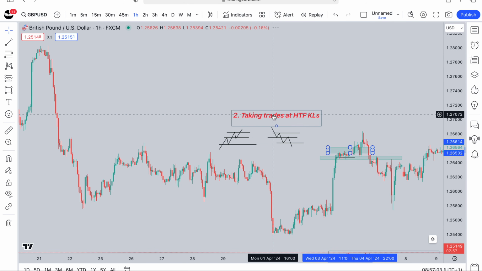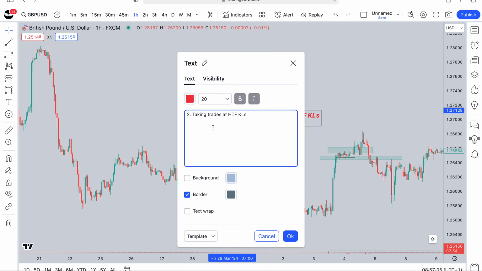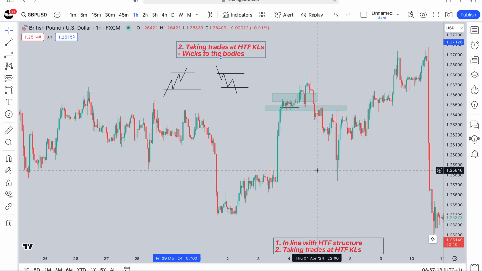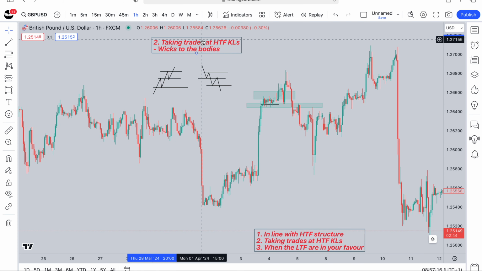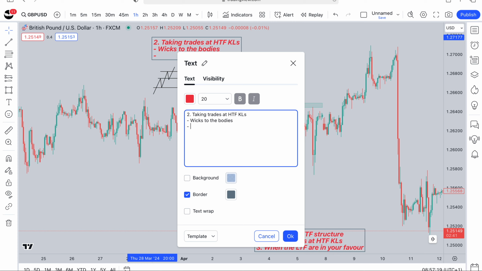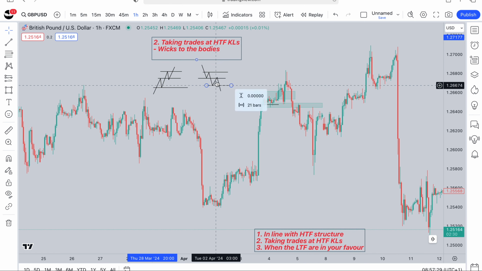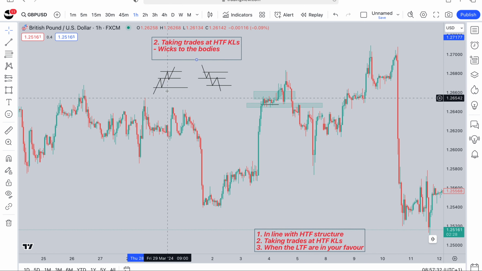So in an uptrend, you're retesting previous highs and lows, and on downtrends you're retesting previous highs and lows too. So long as you're trading right at these trend points, in line with the key levels and in line with the trend, drawing your levels from the wicks to the bodies, you can't go wrong.